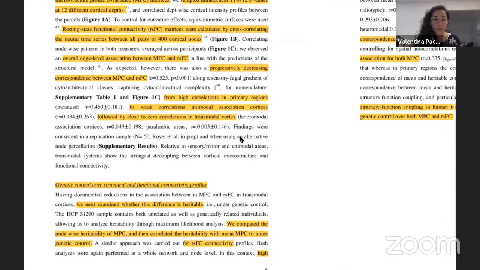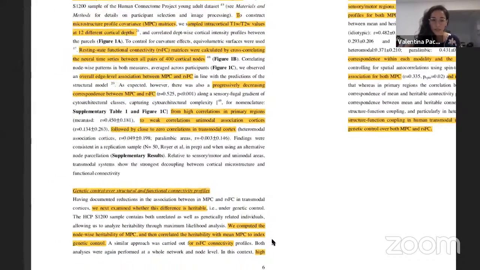So they computed node-wise heritability of the structural matrices and correlated the heritability with the mean structural matrices to have an index of genetic control.